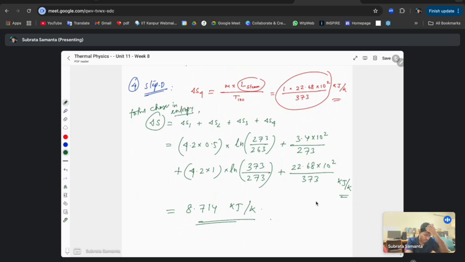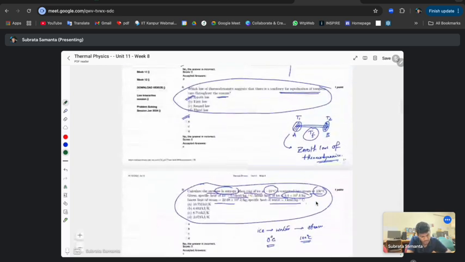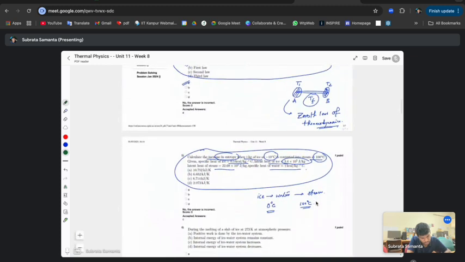Now let's check the options. 8.714, so option C is correct.